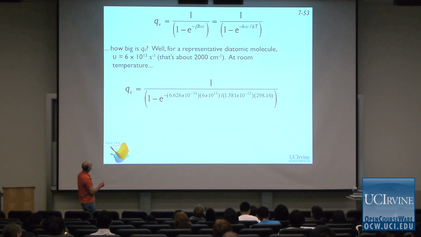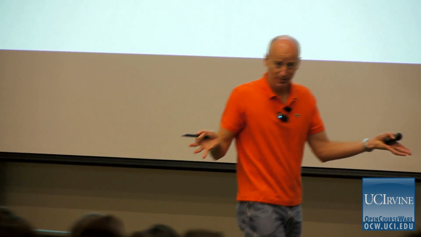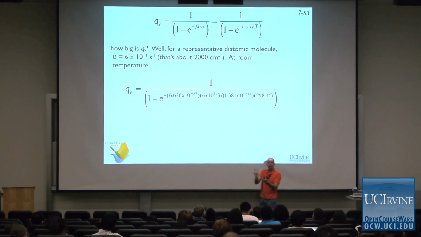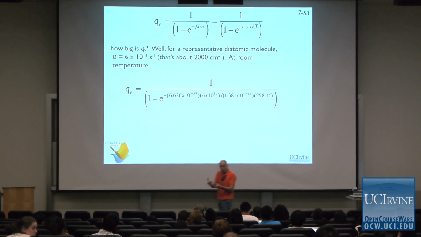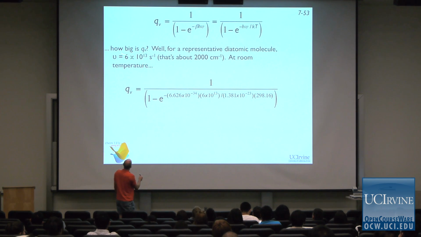How big is it? Well, let's just say a typical vibration is 2,000 wave numbers. Now that's actually a pretty energetic vibration, but 2,000 wave numbers, I think you'll agree, is not as energetic as a proton vibrating. It's got a lower energy than that. So that's what the frequency turns out to be.